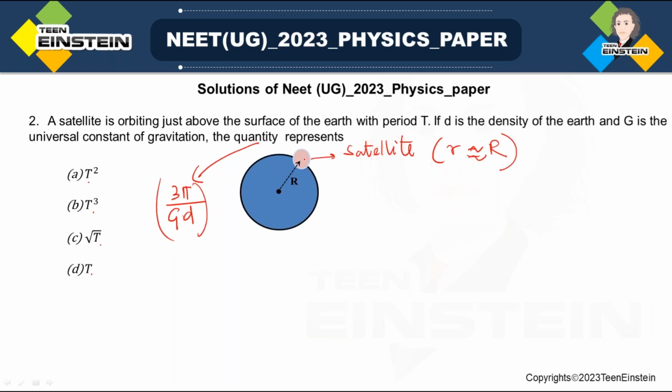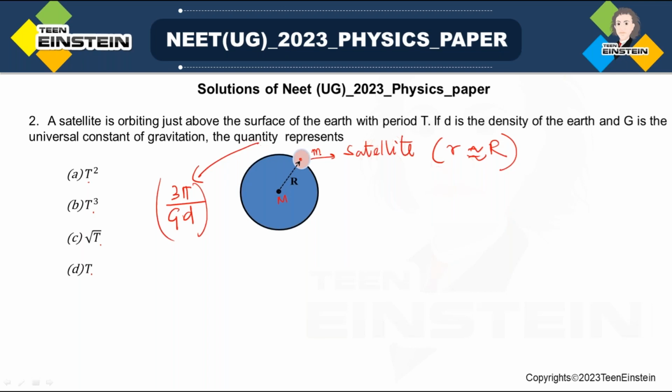Now look, this is just like a circular motion. This is the center of the Earth, so the whole mass of the Earth is here, and the whole mass of the satellite is here.